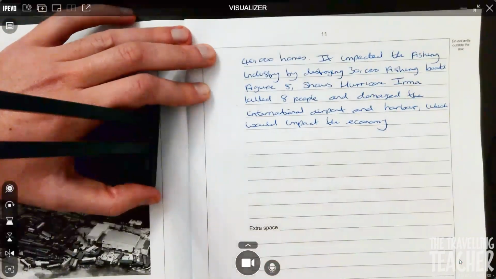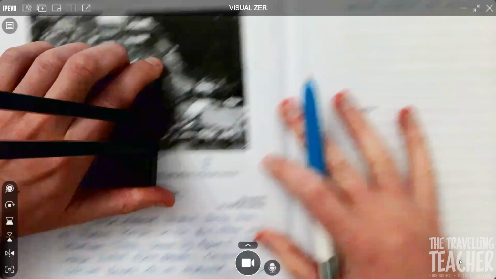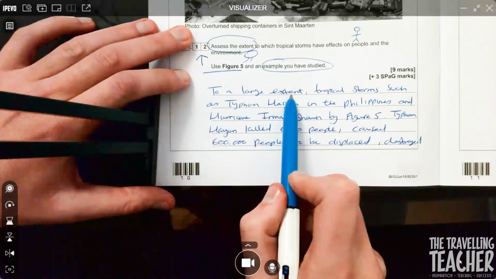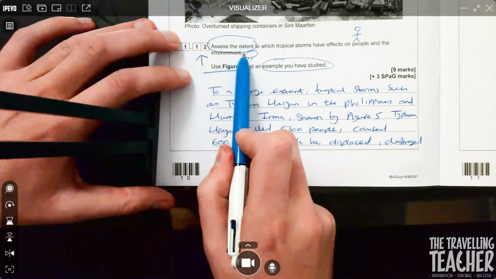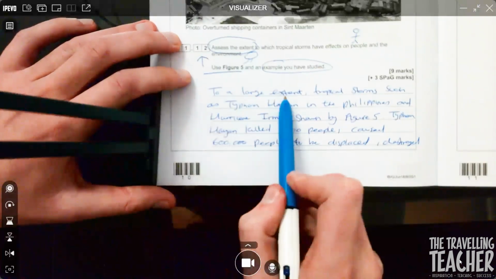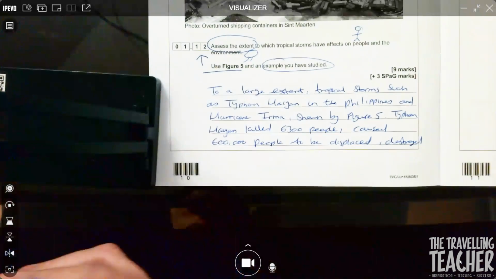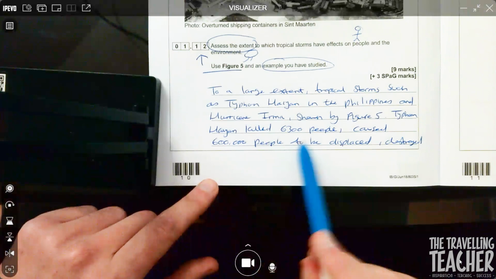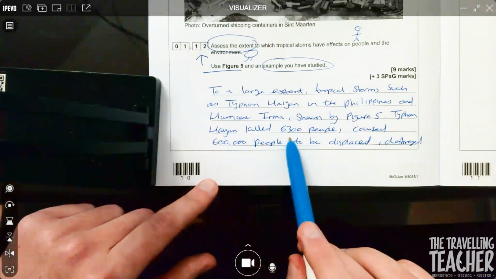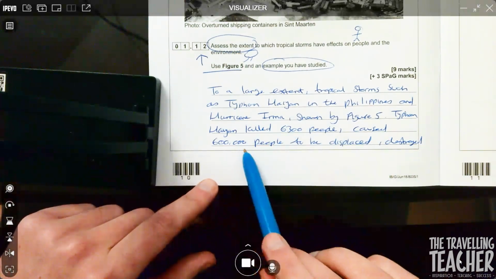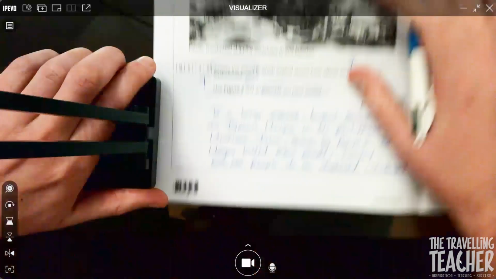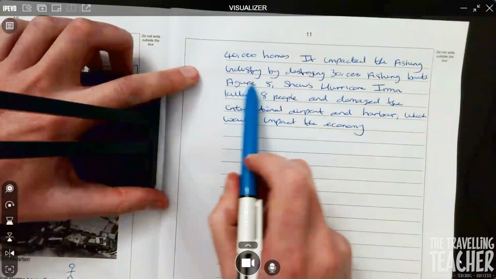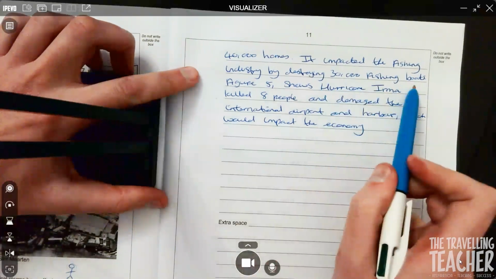So there's a lot of social impacts there. So let me just real quickly refer to this. We've used the term "to a large extent", so we're linking this to the exam question, assess the extent, to a large extent. Tropical storms such as Typhoon Haiyan in the Philippines and Hurricane Irma shown by figure 5. Now, Typhoon Haiyan killed 6,300 people, caused 600,000 people to be displaced, destroyed 40,000 homes, impacted the fishing industry by destroying 30,000 fishing boats.